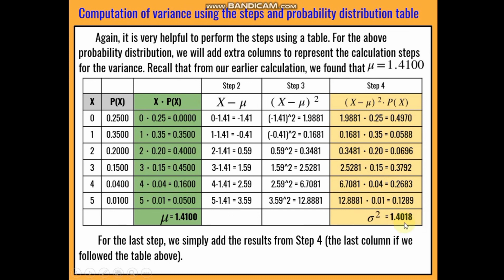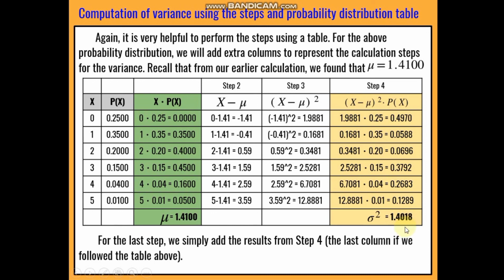Alright? So, mapapansin mo, para maka-arrive ka sa variance, ay meron kang 6 na column dito sa method 1. Para makuha yung standard deviation, whatever the value of your variance, just get the square root. So, anong square root ng 1.4018?